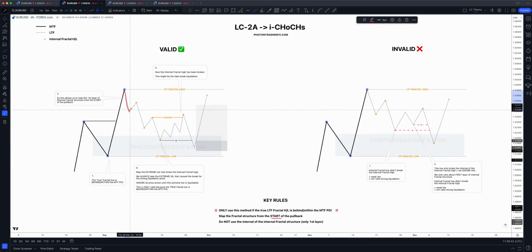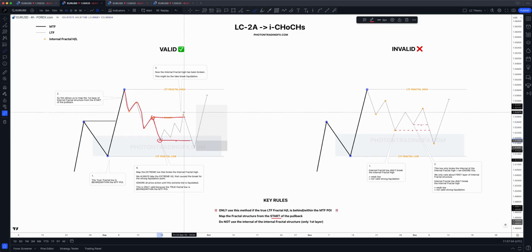So we start mapping it here, where I'm drawing it in red. Lower low, internal lower high, internal lower low. So at that point, these two red lines are the internal fractal range, right? So all of the price action between those two red lines, between the internal fractal high here and the internal fractal low, we ignore all of these highs and lows, okay?